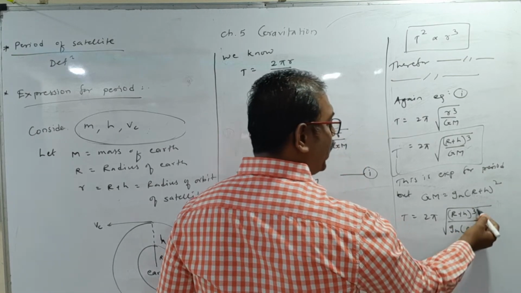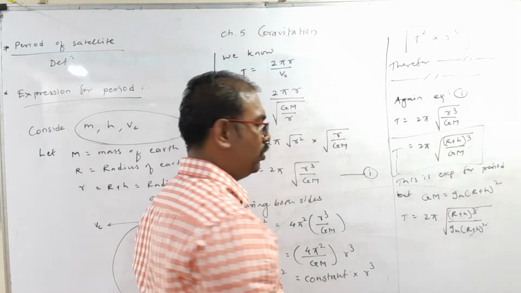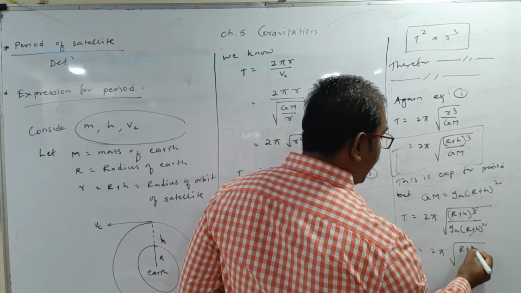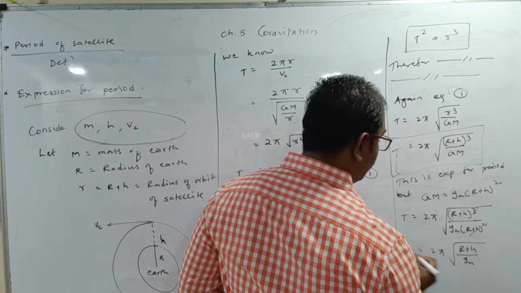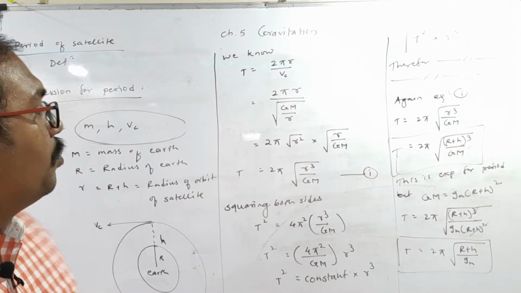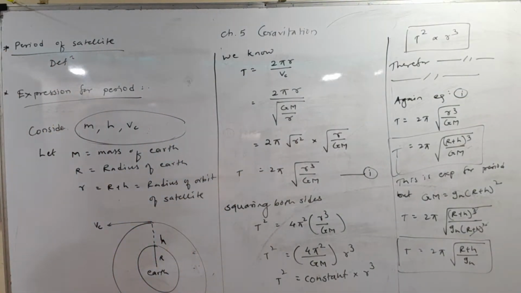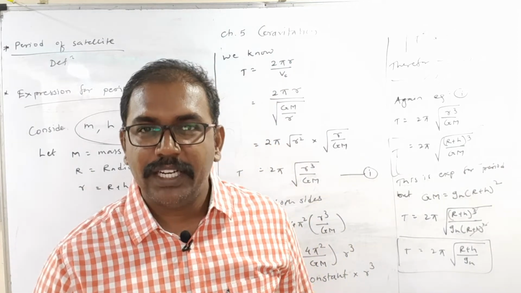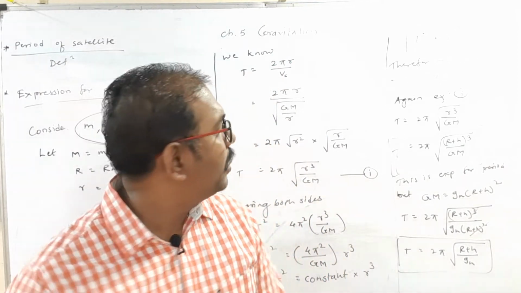Then the R plus h square cancels with the cube, so we get the final formula, 2 pi under root R plus h by g h. This is the expression for period of revolution of a satellite. You have to remember the derivation up to this. I hope everyone understood the expression for period of a satellite.